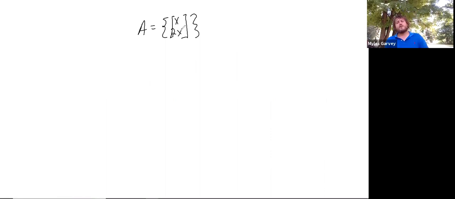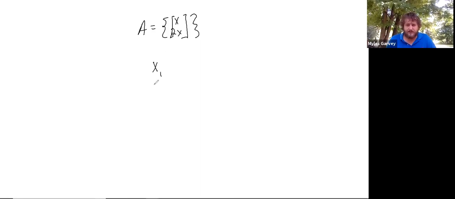So let's come up with another example of a vector space. Consider the set of all vectors of the form x and 2x. In other words, x is any number in the real numbers, and I'm only considering vectors with some number in the first dimension and the second number is double that number. Is this closed? Okay, so here's how we show that. Take two vectors.